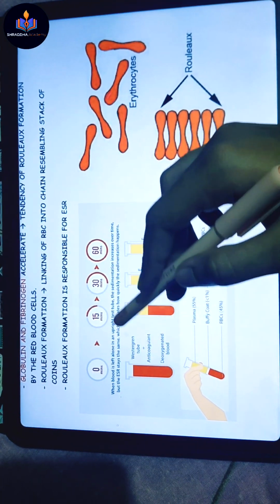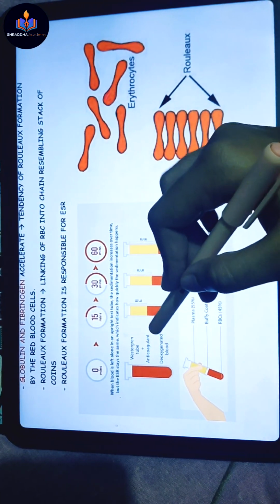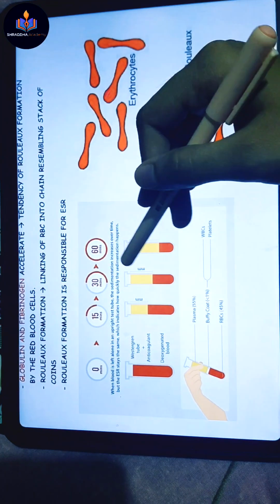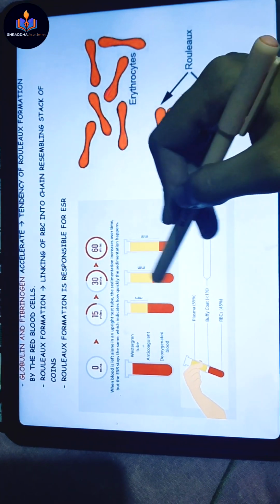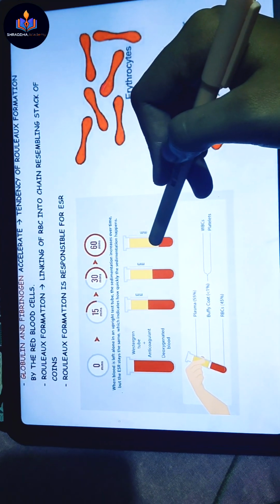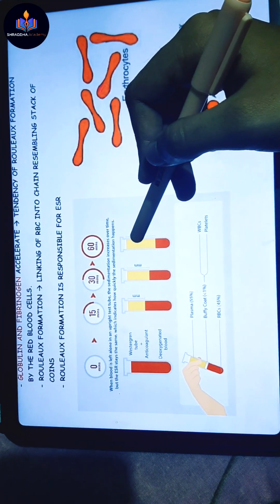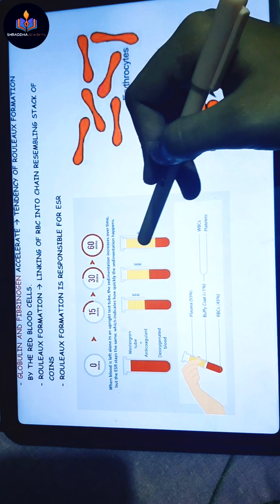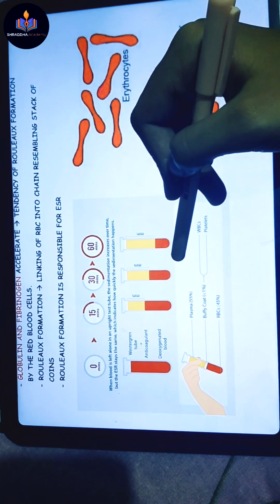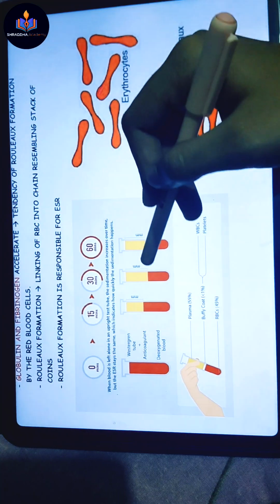This is an ESR tube in which you can see the separation. And then after 30 minutes you will see like this, and after 60 minutes, okay, you will be seeing like this, in which the plasma will be up, that is yellow in color, the RBC is red, and the white is the buffy coat, that is the WBC and the platelets.